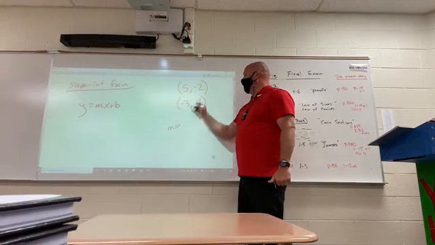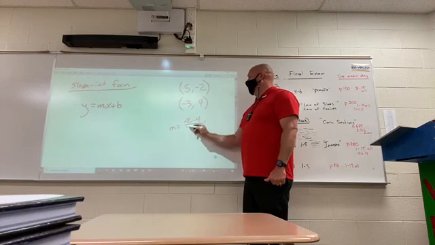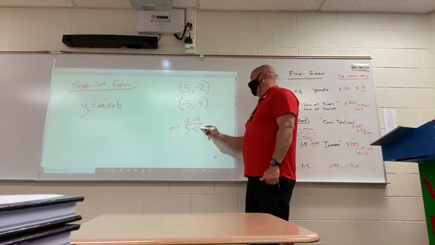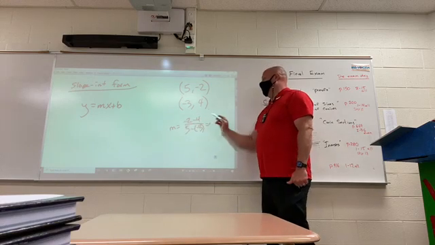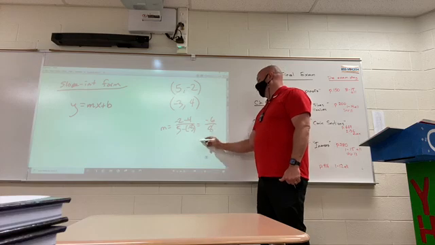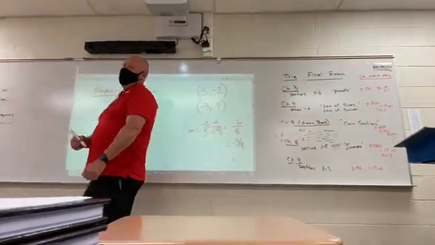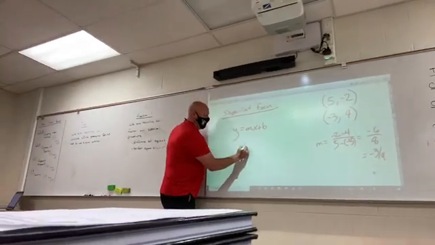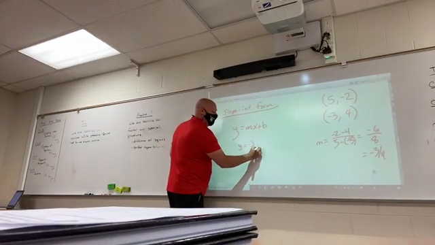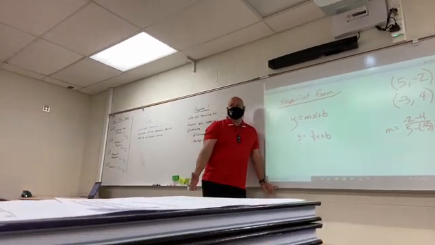Slope. So negative 2 minus 4 over 5 minus a negative 3, which is going to be negative 6/8 or negative 3/4. So I know y equals negative 3/4 x plus b, but I don't know the b. How do I find the b that goes with it?